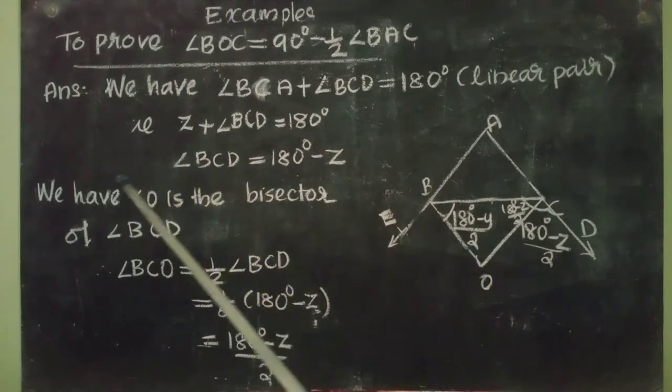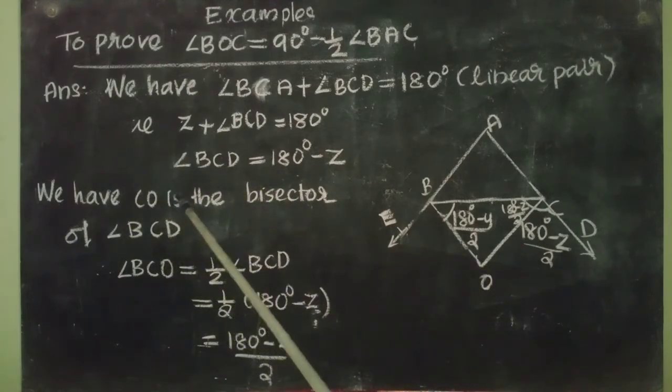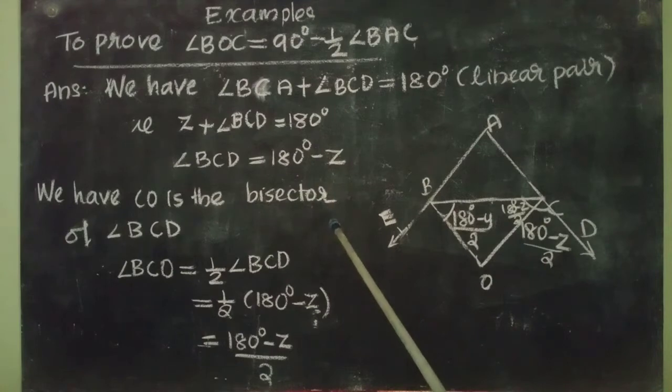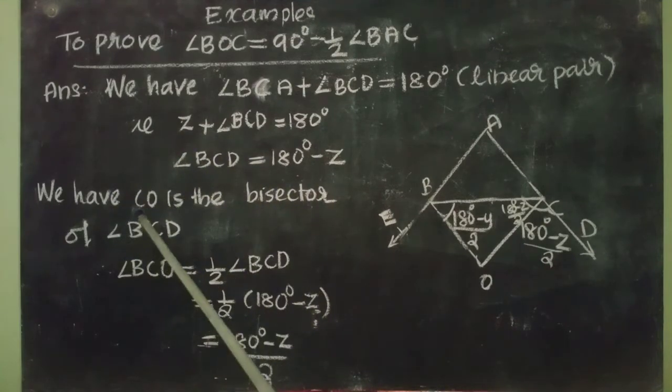So let us write: CO is the bisector of angle BCD. Therefore, angle BCO equals half angle BCD, that is half into (180 degrees minus Z), that is (180 degrees minus Z) whole divided by 2.